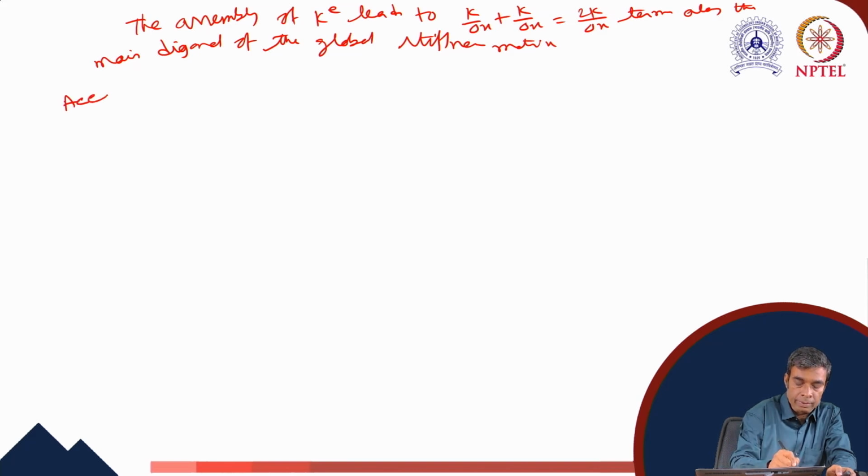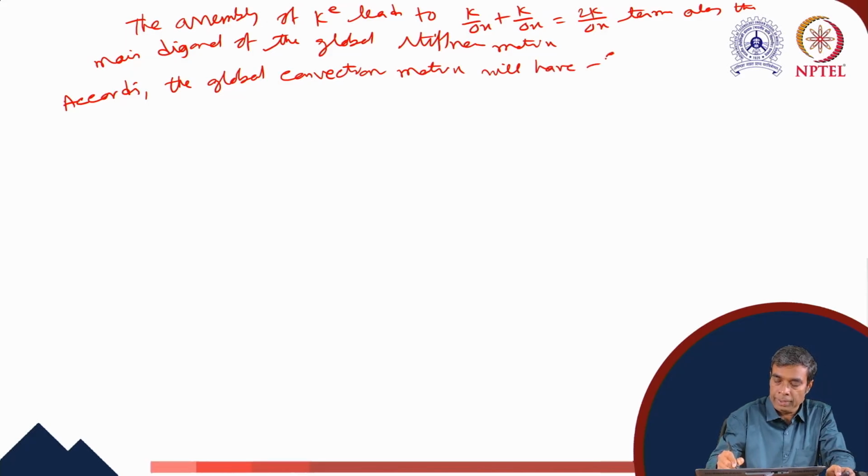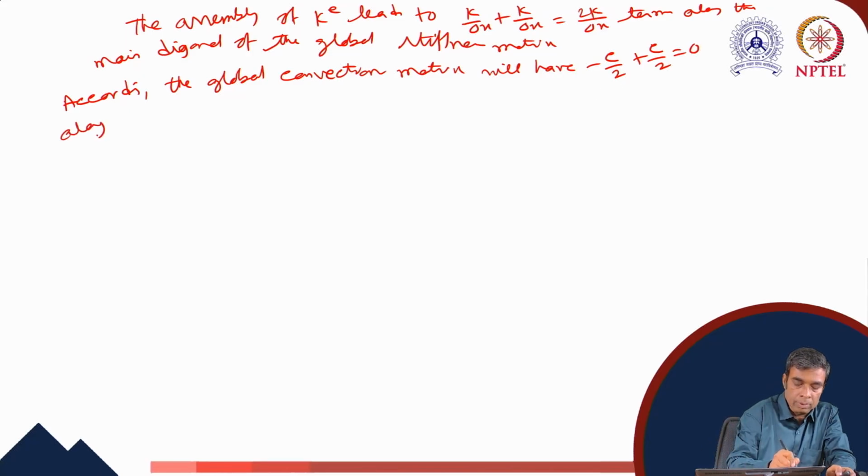Accordingly, the global convection matrix will have minus c by 2 plus c by 2 equals 0 along its main diagonal.